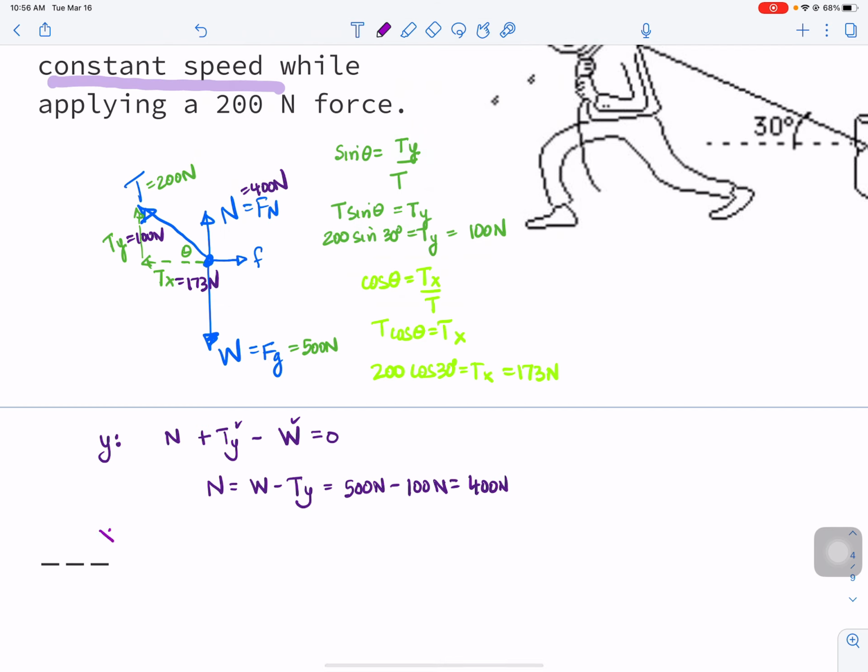So in the x direction, we know that we have Tx minus f, and this is equal to 0, because the speed is constant. And we could put up here, sorry to fill in, this 0 is because there is no vertical motion.